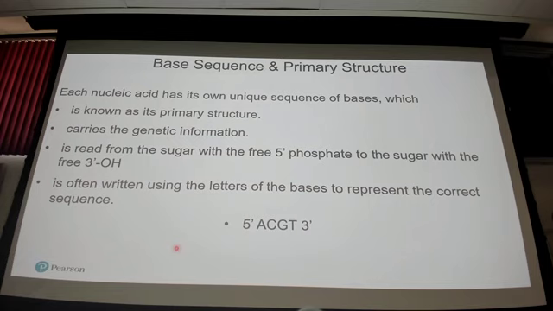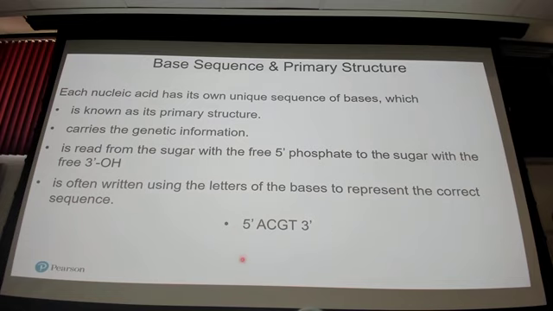Each nucleic acid has its own sequence of bases, and that is indicative of its primary structure. Our genetic information is carried in that sequence. The sequence is read from the free 5' end to the free 3' end, and it's often written using only the letter of the base involved.